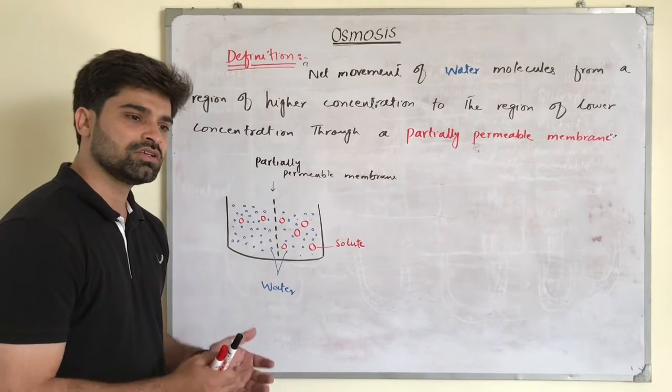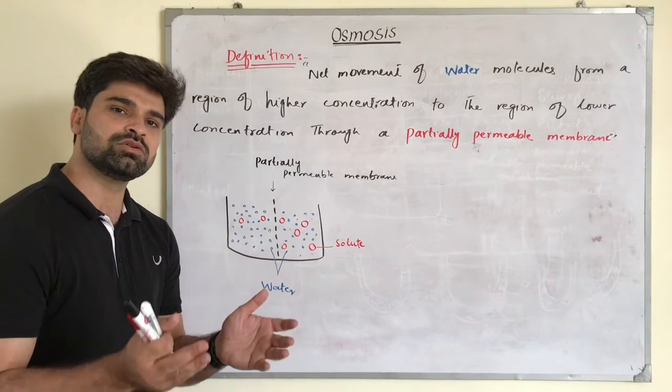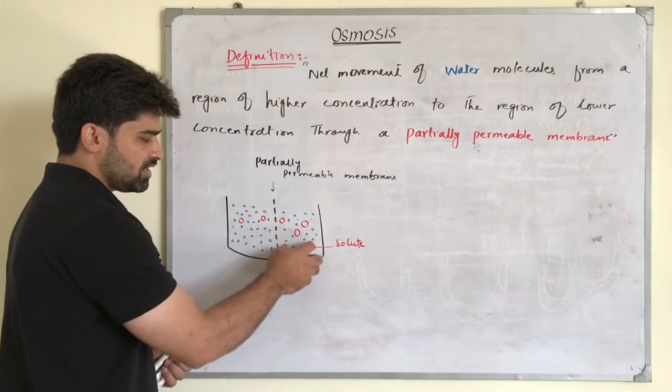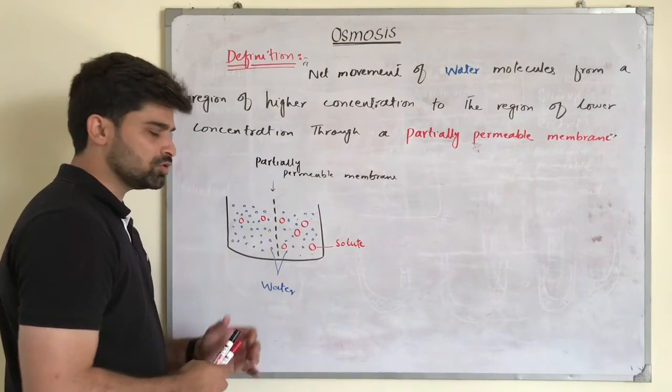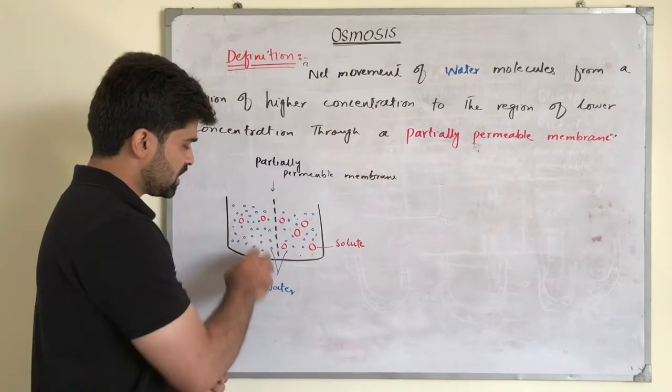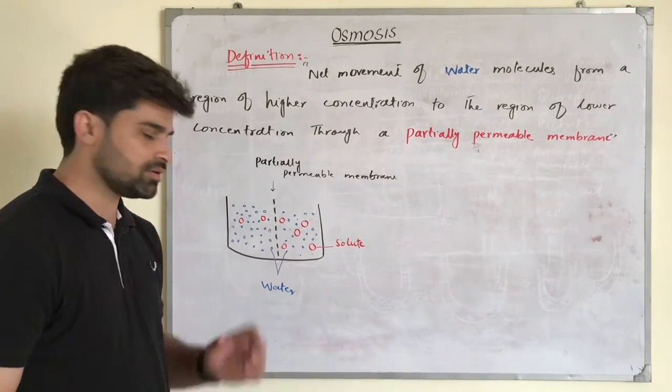Dear students, a solution is made when solutes and solvent unite together. The red particles are the solutes, and the water is the solvent.